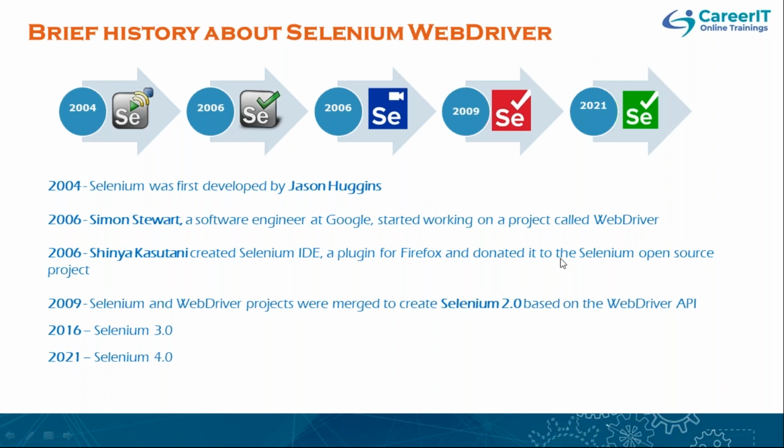See, basically the first year Selenium came into the market is 2004, guys. In 2004 there was one person called Jason Huggins. He was from a company called ThoughtWorks, who developed Selenium, and he released it into the market in the year 2004 with the name Selenium 1.0 or Selenium RC.